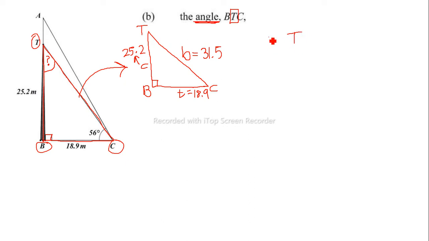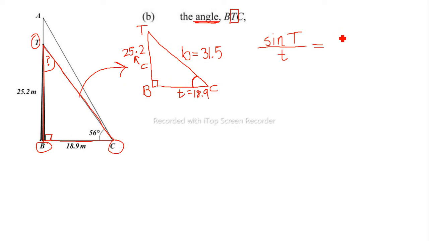So the sine rule says sine of the given angle, capital T, divided by lowercase t is going to be equal to, now we're not going to use C, because we don't know what the angle here is. We're going to use B because we know this angle and we know its corresponding side. So we have to use the ones that we know.